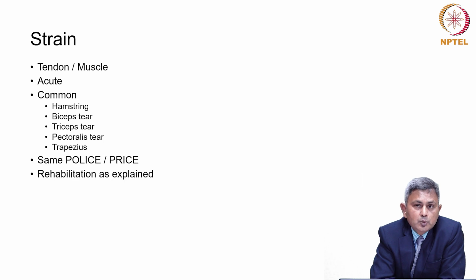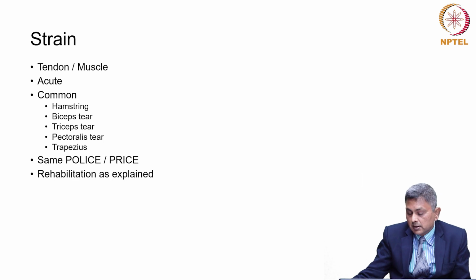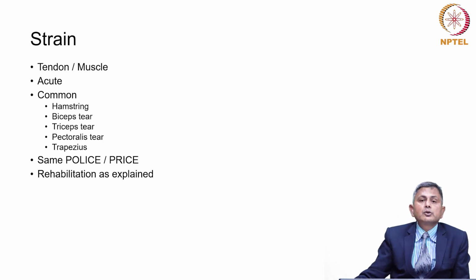It may lead to myositis ossificans also, or increase the blood loss, or trigger fibrosis of those muscles. So these things in general you should not do when you or one of your athletes suffered injuries. So today we will stop here.